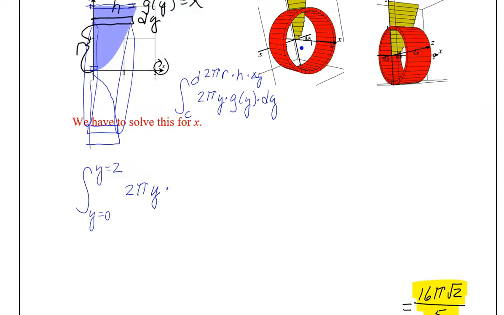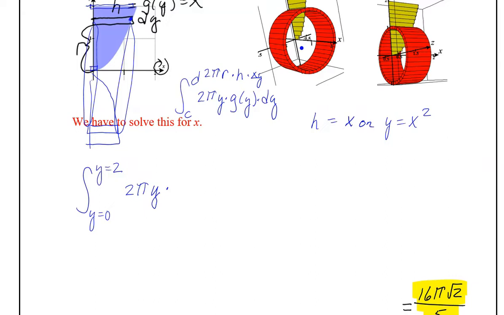The shell can be seen here, but you'd have to turn it sideways to really call it the height. That's the length of the strip. Well, how long is the strip? The strip is given by the x value on that curve. So the height here is given by the x value on y equals x squared. Well, how can I get that in terms of y?